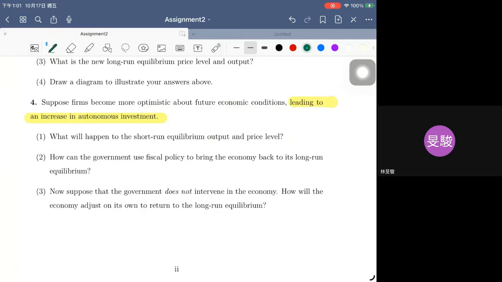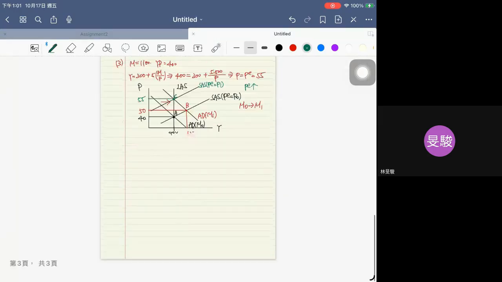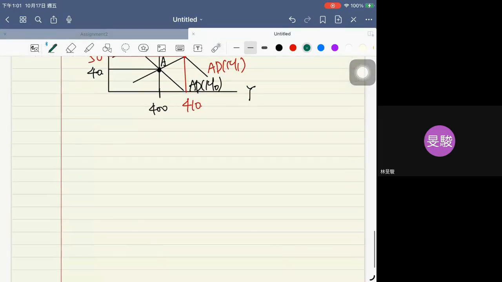I solve this equation using the diagram.